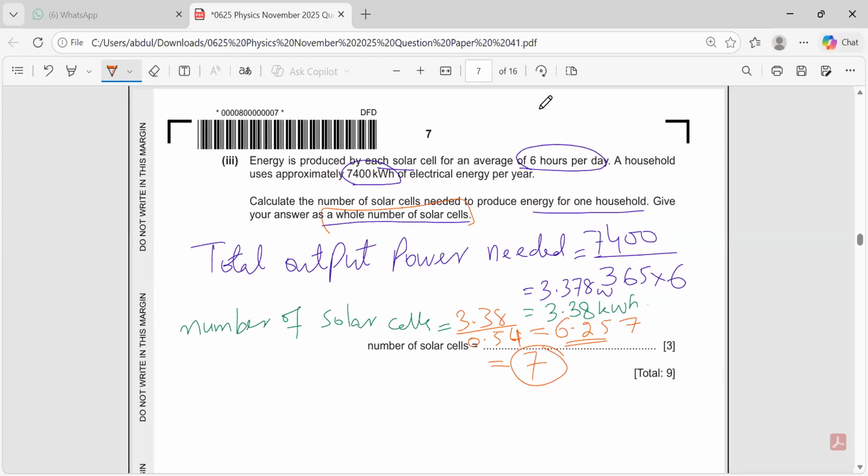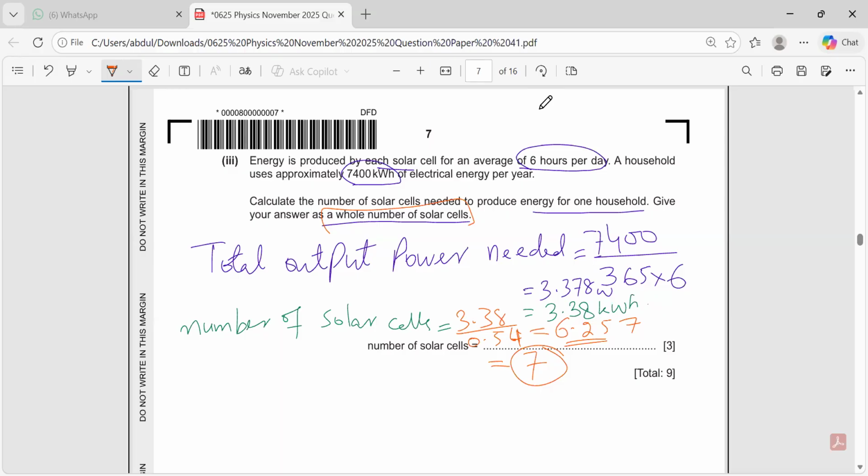Now let me explain what is going to happen. Energy is produced by each solar cell for an average of 6 hours per day. A household uses approximately 7,400 kilowatt hour of energy per year.